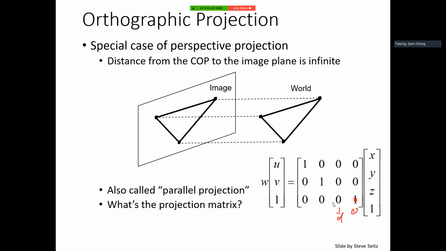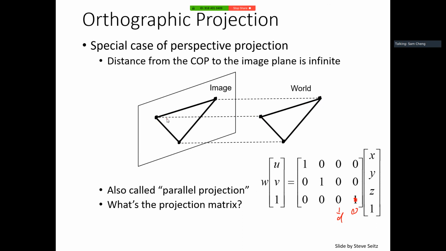But here instead I have a 1 here, so therefore we just get 1 for this orthographic projection, and then x and y will be projected directly. So I have u, v here just equal to x, y. I can scale that a little bit, but basically it directly projects, ignoring the z coordinate.